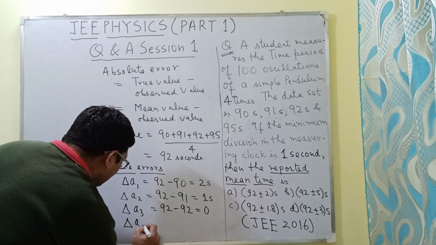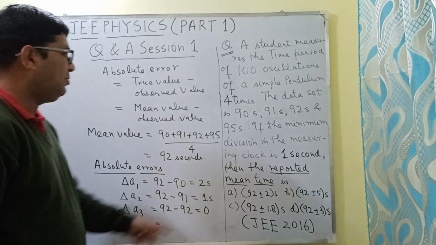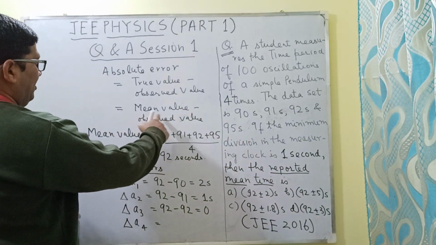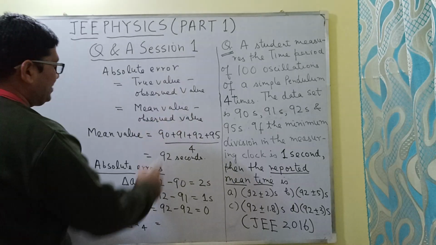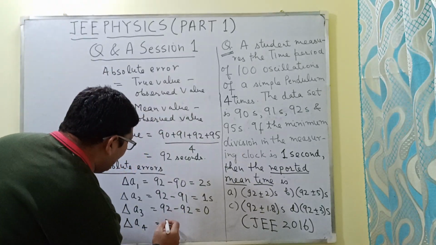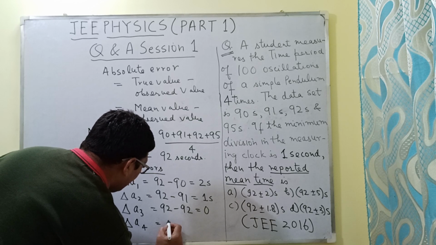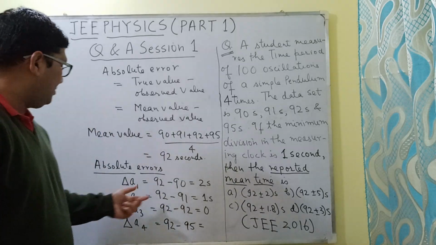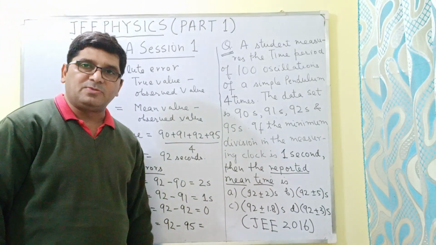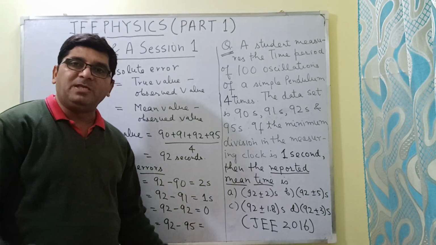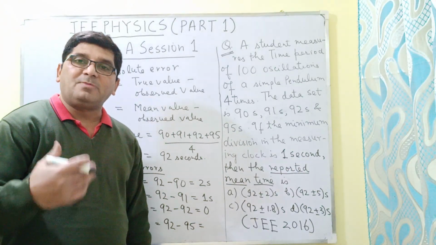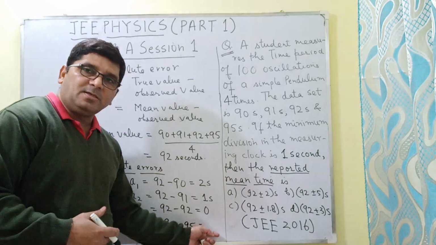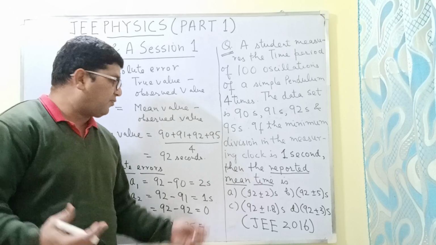And the last one, the absolute error for the last measurement, will be equal to the mean value, 92, minus the observed value, 95. Now here, whenever we are calculating the absolute errors, we mean the maximum value of error, and basically error is the deviation from the true value.